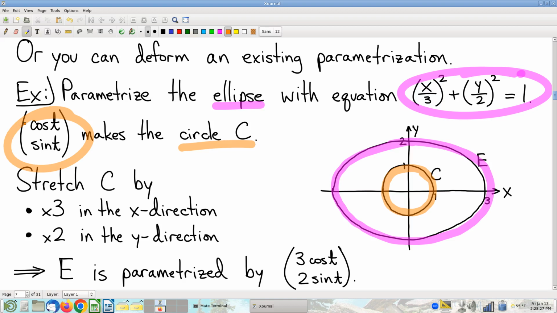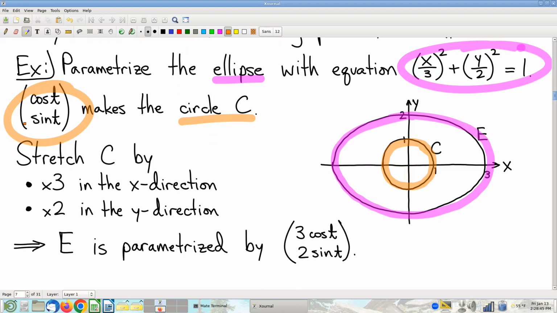Unit circle, easy to parameterize. Again, that was our first example. So I have the orange parameterization of the circle. All I need to know is what happens to that parameterization when I stretch it out however is needed to make this ellipse. And conveniently, that stretching process is pretty clear.